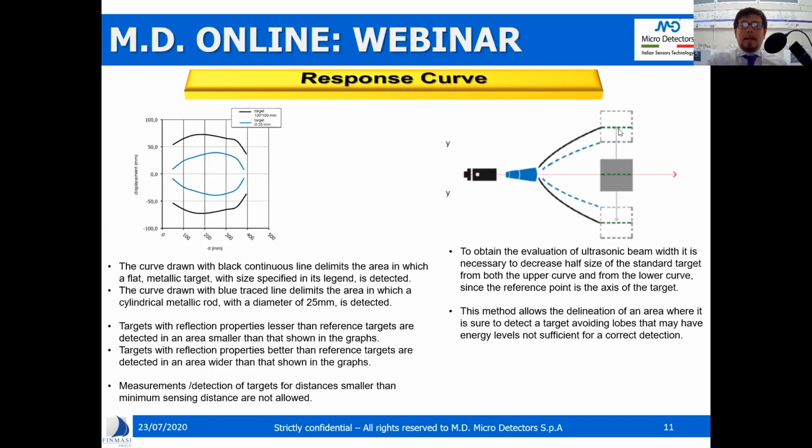It means that in order to get the right width of the acoustic cone, referring to a specific distance from the active head, you should subtract from the width that you read here the half length of the target itself, both on the upper part and on the lower part of this diagram.